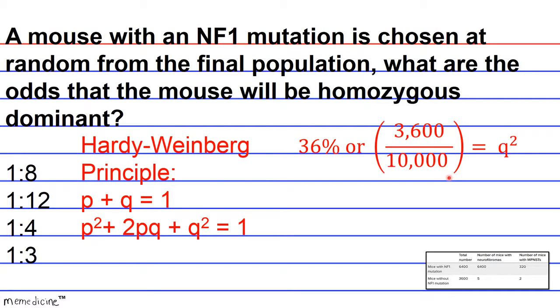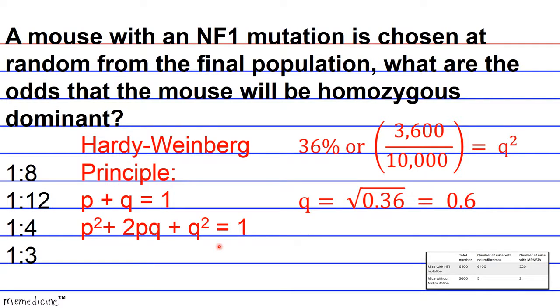individuals in the population represent the homozygous recessive individuals. Okay, so q is equal to the square root of 3,600 over 10,000, which simplifies to 0.36. And the square root of 0.36, which will yield q, is going to be 0.6.